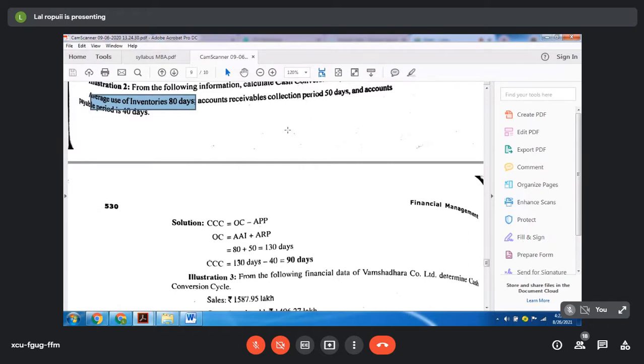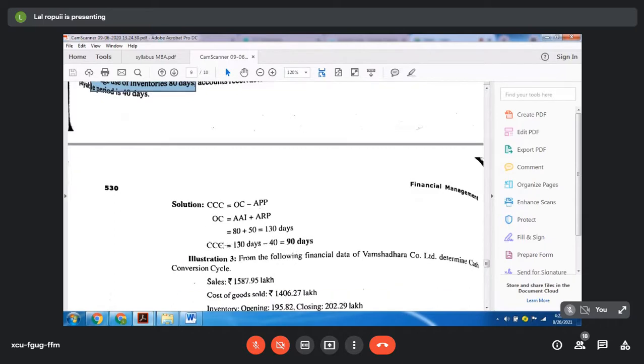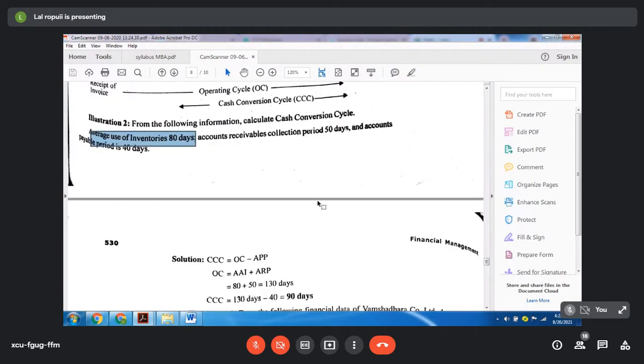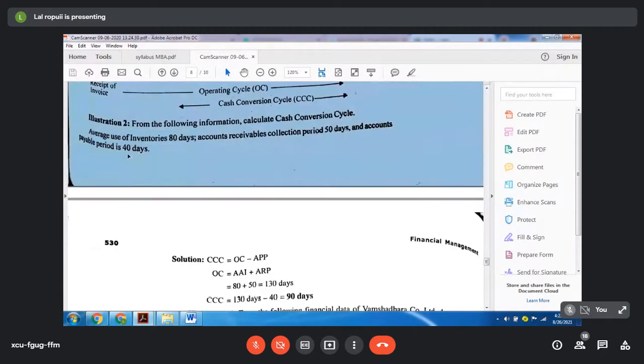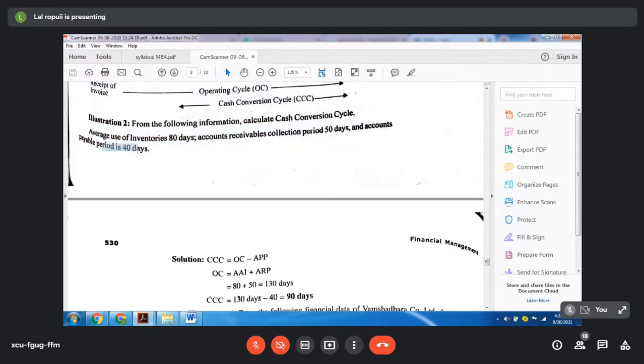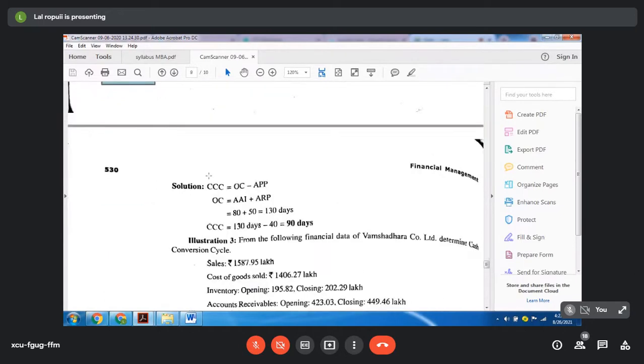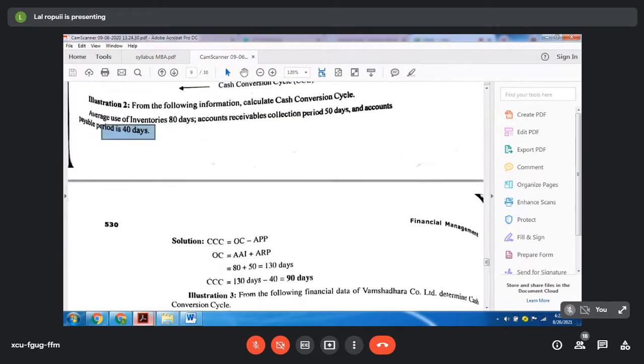So that is 130 days. Then cash conversion cycle is 130 days minus the accounts payable period; within 40 days this company's debts are paid off. The managers usually pay off their debts in 40 days. So the cash conversion cycle is 90 days for this company.